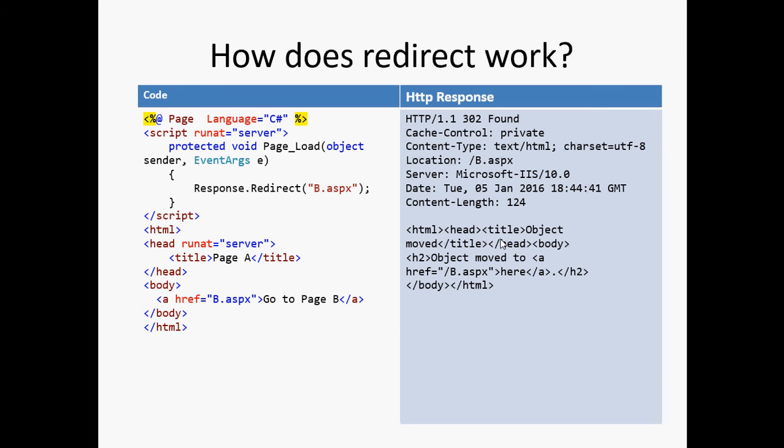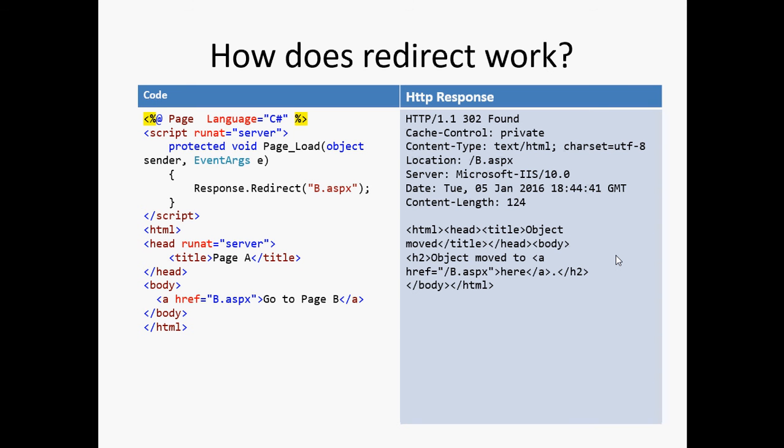You see that the title was specified in the code as page A, but what came out in the HTTP response was object moved. The most important thing to note is that the status code is 302 instead of the normal 200. When the browser sees a 302, it looks through the HTTP headers to find the location header.